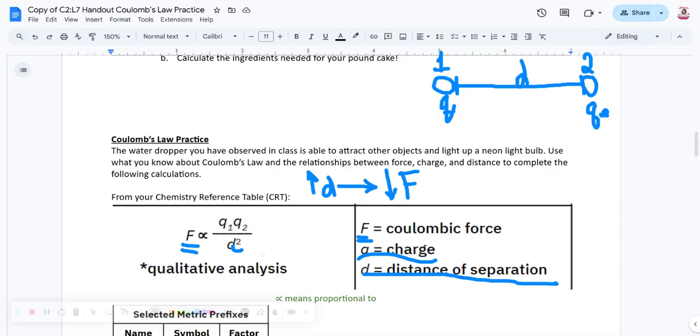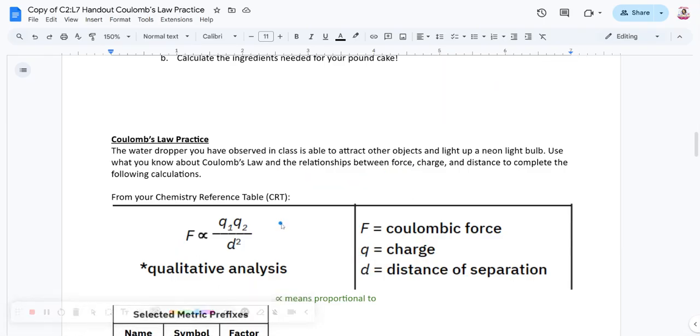It's going to be a really big number, but it's definitely not going to attract to the fridge, because the force is going to be so small. So as I increase that distance, my force of attraction or repulsion is going to get smaller and smaller and smaller, right? And so that is this inverse relationship that we have going on. We can actually figure out how much bigger or how much smaller a force is by using this expression. That's the way we're going to apply it.